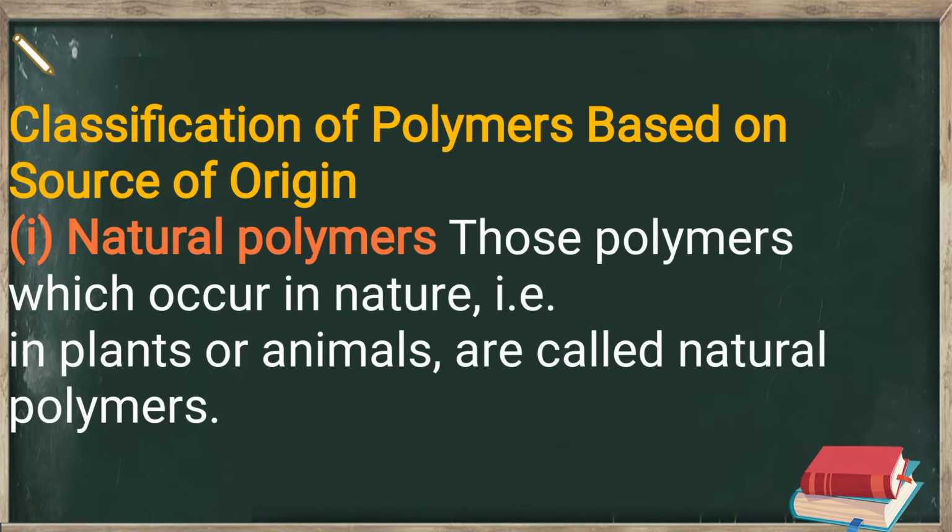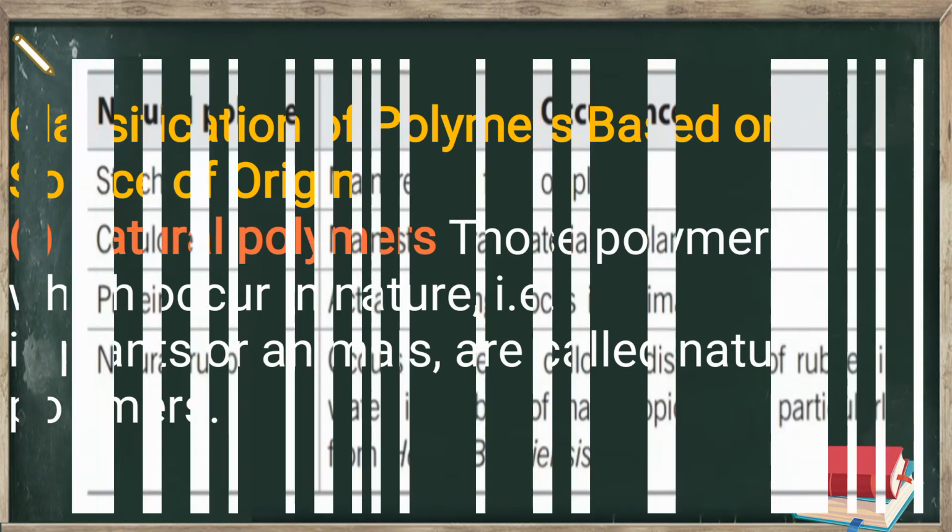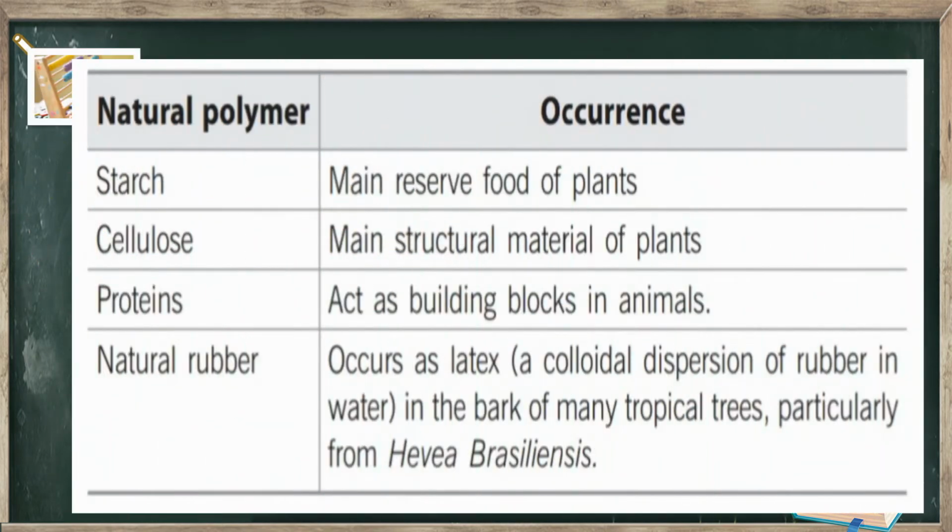Now, what is the classification of polymers based upon source of origin? First one is natural polymer. Those polymers which occur in nature, like in plants, in animals or any other natural thing, are called natural polymers. Examples are starch, cellulose, proteins, natural rubber.